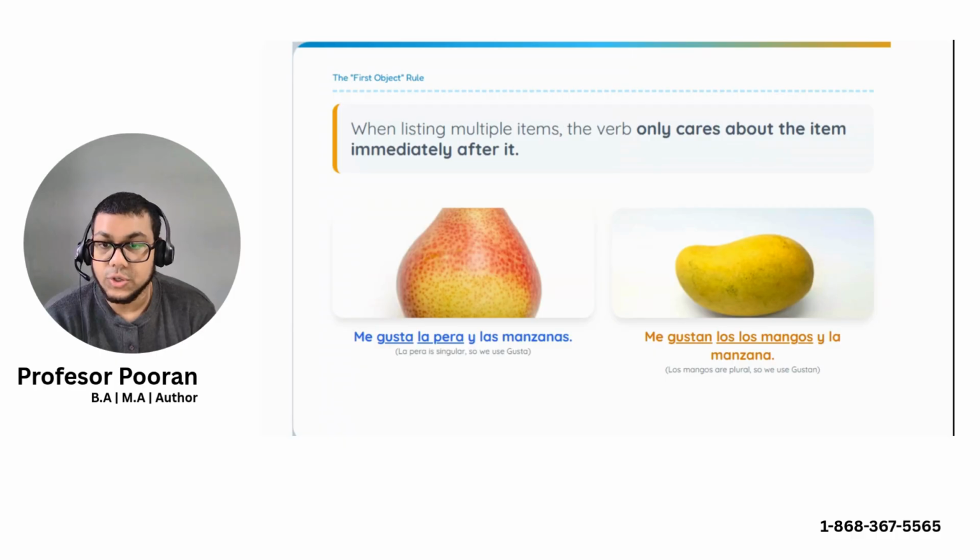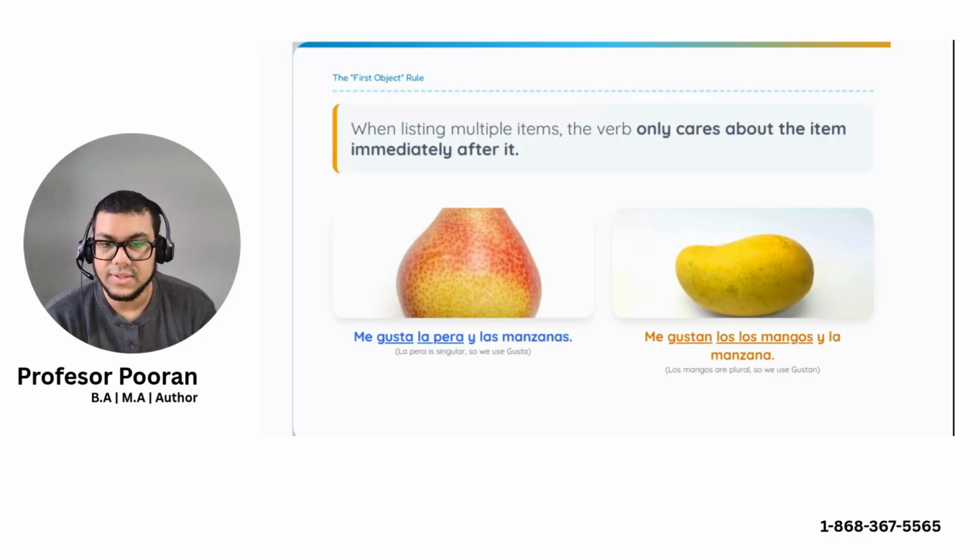Sometimes you include other things within the sentence. So what we do here, we pay attention to what comes immediately after the verb. And because the first object that we are mentioning here would be pera, which is singular, we then use me gusta. So the last item, manzanas, at the end does not really matter.